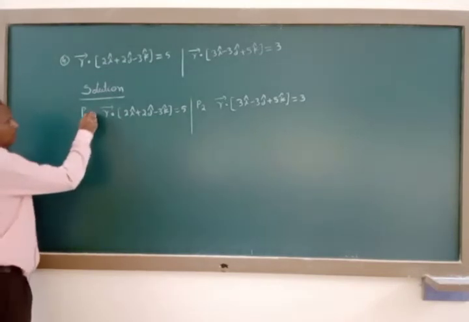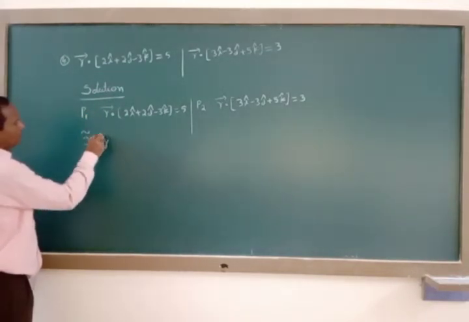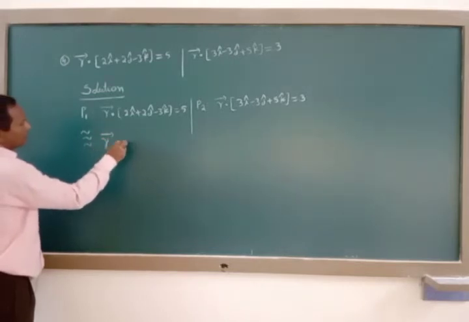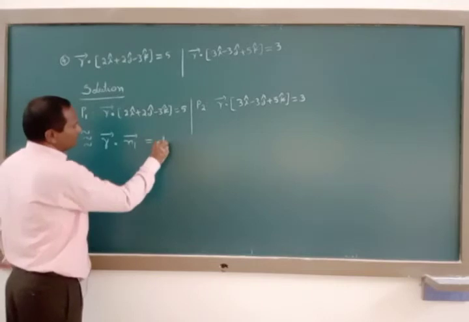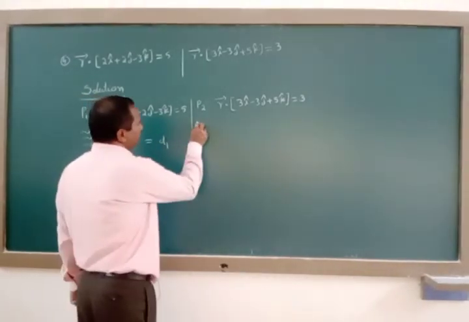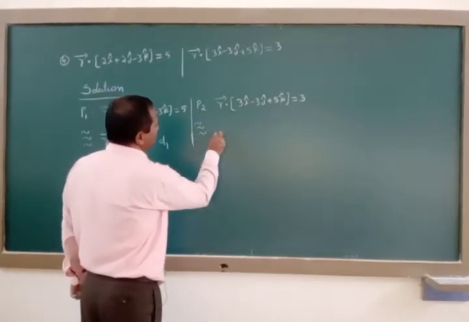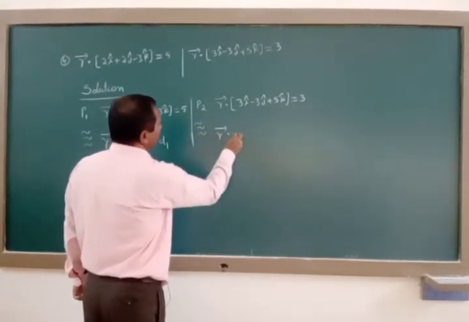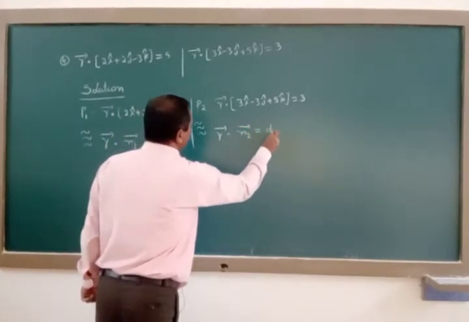Now, comparing with the standard form r vector dot n1 vector is equal to d1, and here also comparing with r vector dot n2 vector is equal to d2.